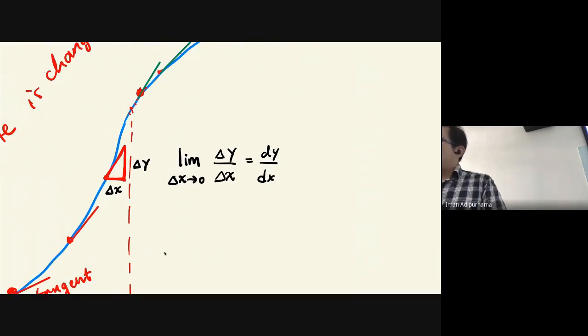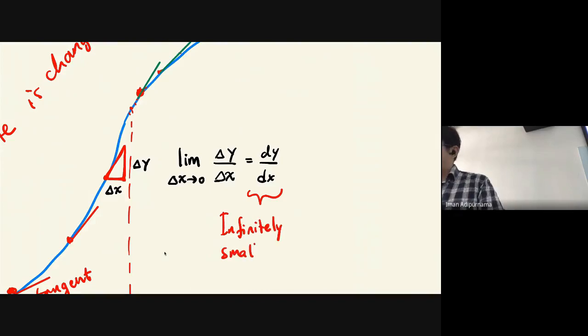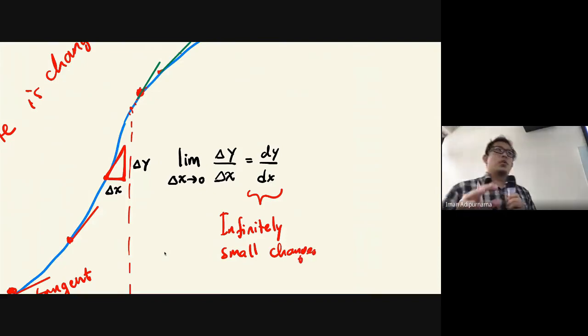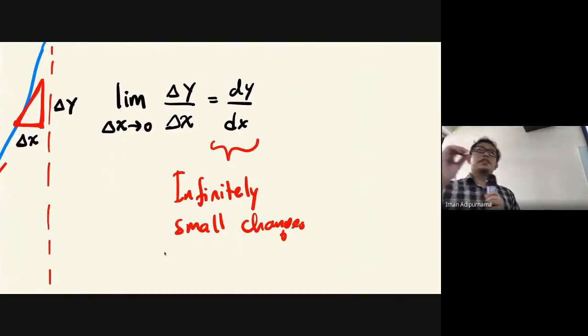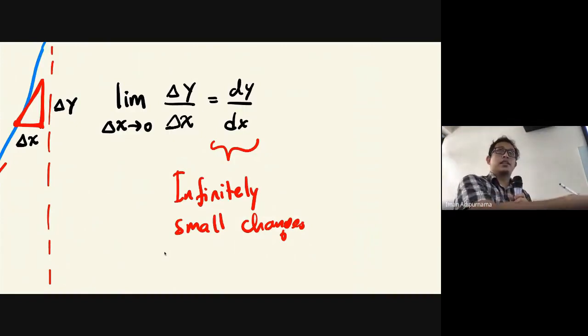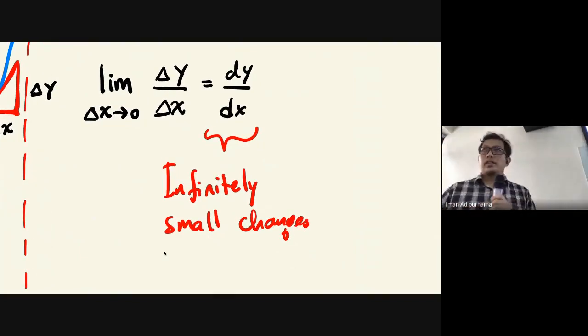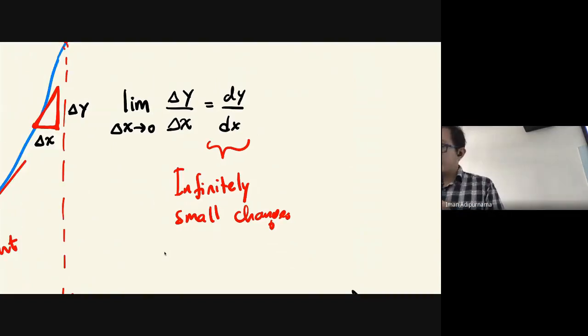This dy dx is what we call infinitely small changes. So when we see any derivative, it is actually something really small that changed. In our mathematical world, it's a change in y and x, in the function and its variable. That's the first case.